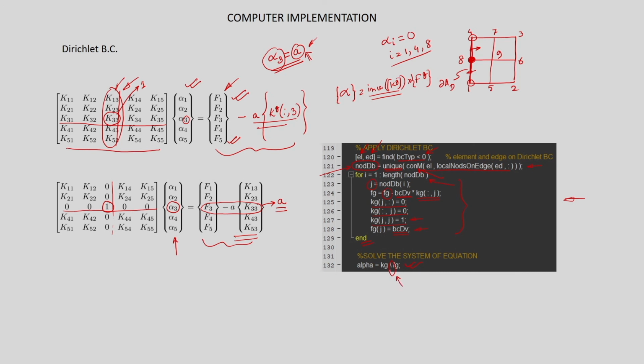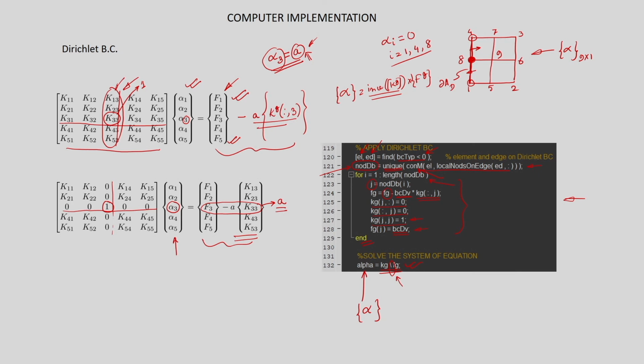You can look into the documentation of MATLAB for this backslash operator. It basically does k inverse fg. This is the solution vector containing all those alphas. In this case, if I look at this mesh, there are 9 alphas, so it is 9 by 1, and we will get the solution.